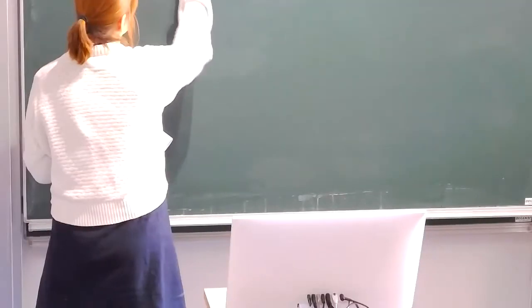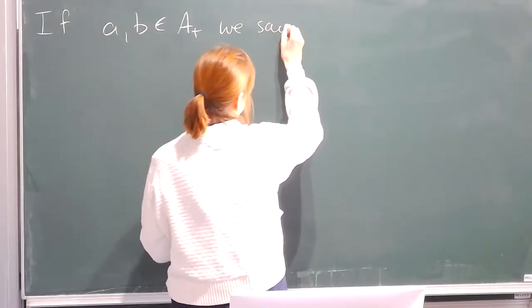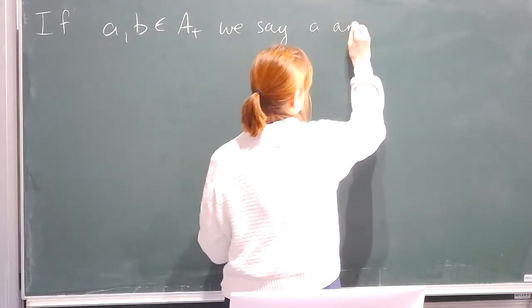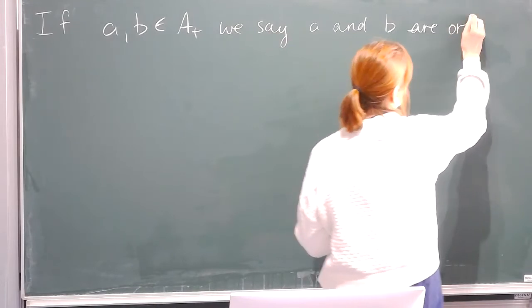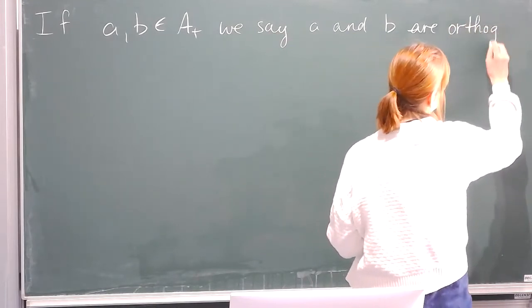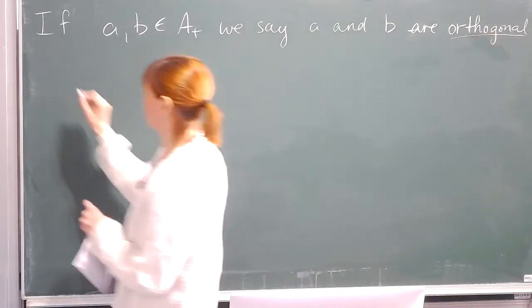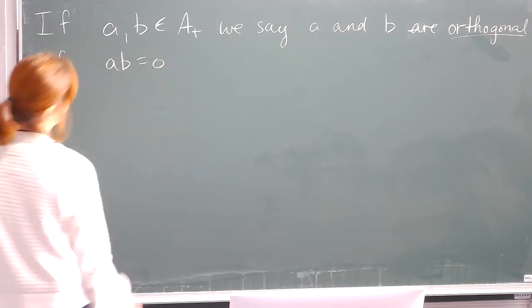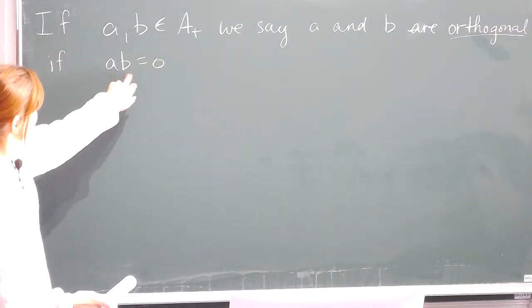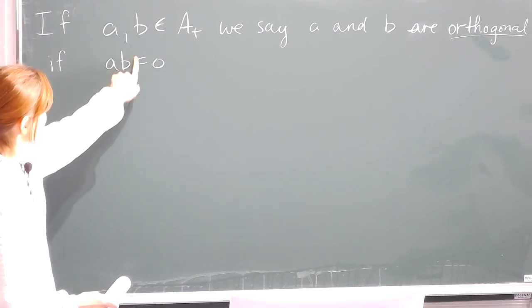So if A and B are positive elements, we say that A and B are orthogonal if they multiply to 0. And of course, if AB is 0 and these are positive, then we can take the star here.